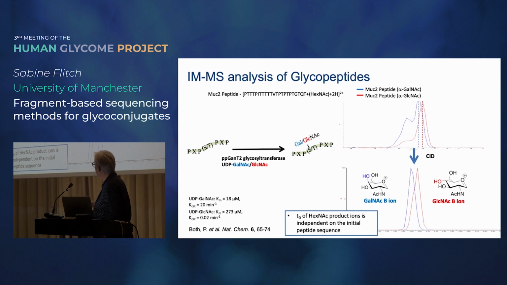And to our surprise, the separation, as I said before, is not brilliant on this instrument for these two, because they're really, really similar, but this was extremely reproducible. It allowed us to take any glycopeptide that had either GalNAc or GlcNAc and tell which one was which, independent of having any glycopeptide standards. The only standard we need here is a glycoside that has either GalNAc or GlcNAc, and it could be any of these glycosides.